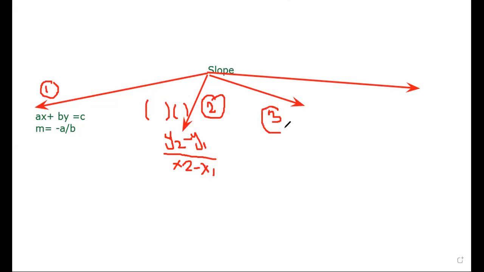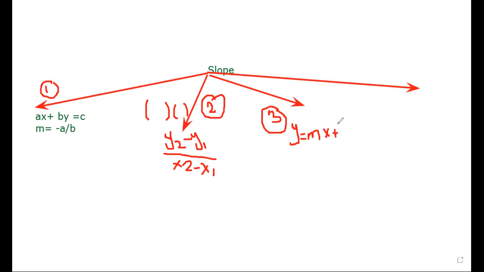Who can remind me? Miss, can I say? Yes, sure, Ahmed. Tell me the third way. y equals mx plus b. Exactly. So it will be y equals mx plus b.